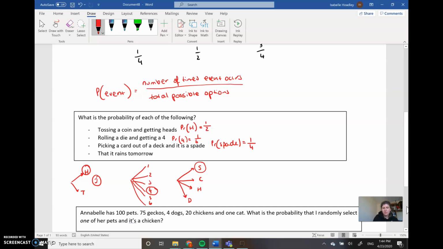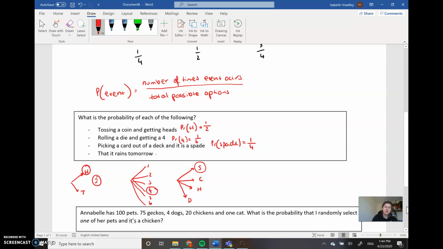And now the last one is the probability that it rains tomorrow. Now this, we actually can't work out based on this information, because you need to know a lot of things to know whether it's likely to rain. I mean, we need to know what the weather was like today. We need to know what month of the year it is. We need to know if it's humid or not, because that adds to whether it's likely to rain. There's so many things that we need to know.